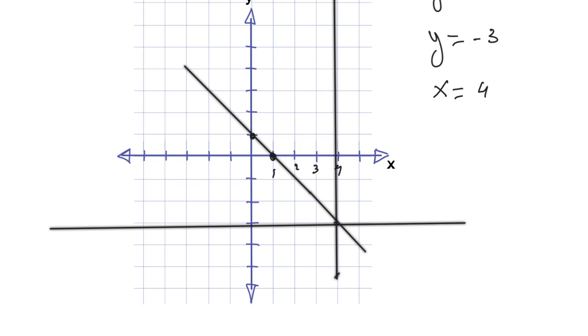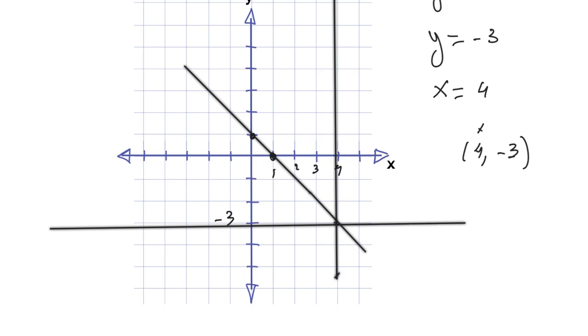Which one is it? It's x equal 4, y equal minus 3. So it looks like the point 4 comma minus 3 is the point of intersection.